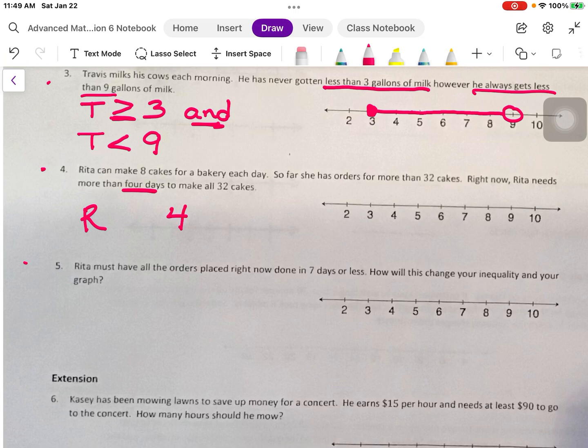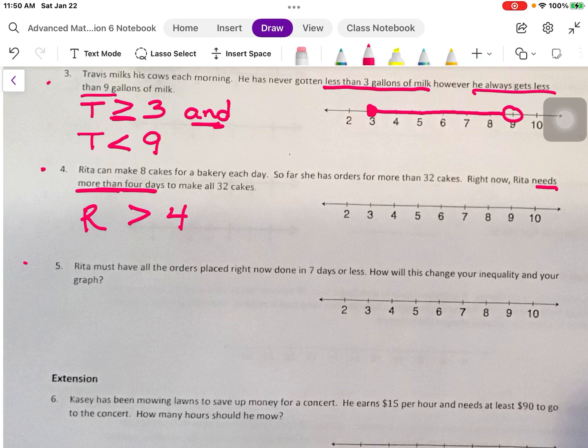So let's put the 4, that's the number we need. And she's going to need more than 4 days. Rita's going to need greater than 4 days. And let's see. So far she has 32. Right now she needs more than 32.